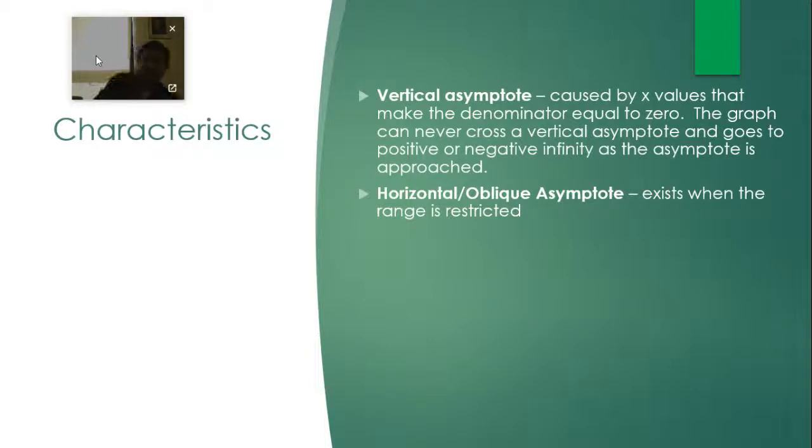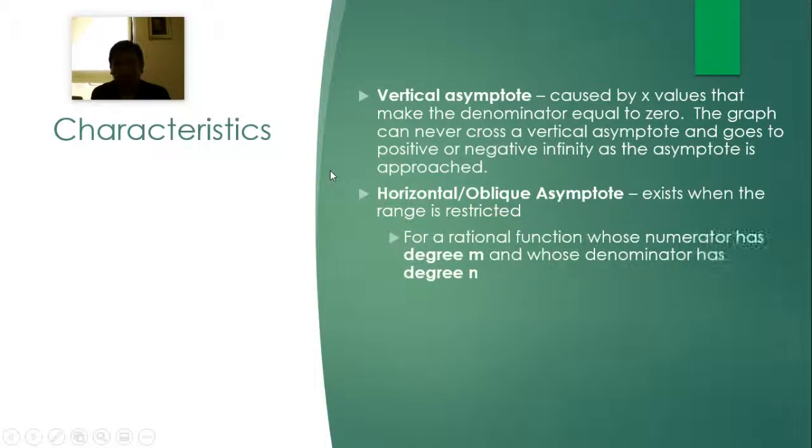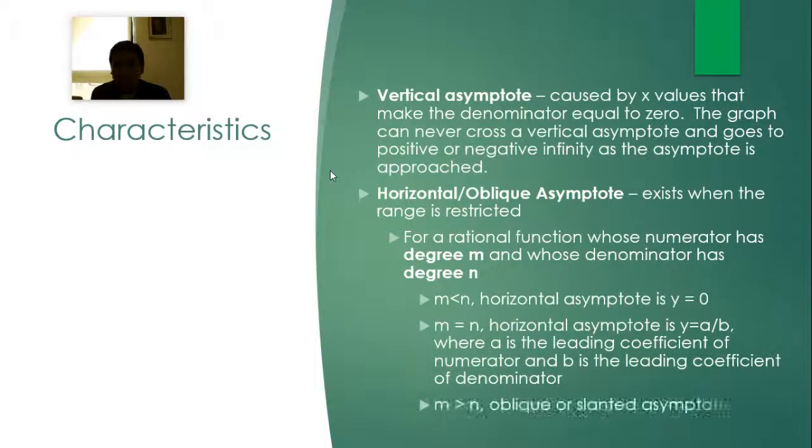So we have vertical asymptote. These are determined by x values that make the denominator 0. Horizontal asymptotes and oblique asymptotes is the restriction for the range. Just remember these conditions. So we'll make it simpler.